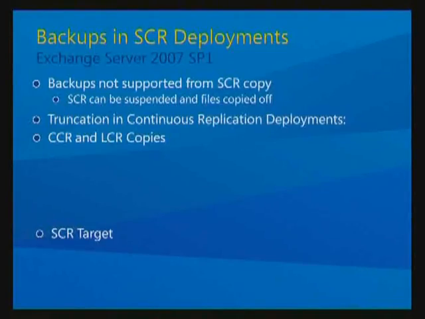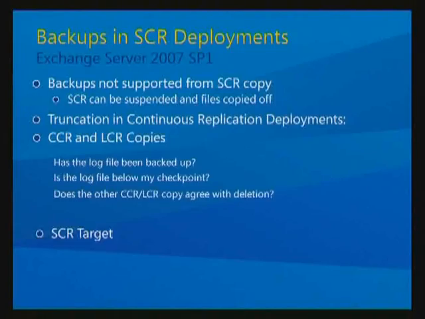And the way that the truncation works there is we ask a number of questions. We're going to truncate only if the database has been backed up, and the log file is below the checkpoint, so we know that the data has actually been written out to the disk.